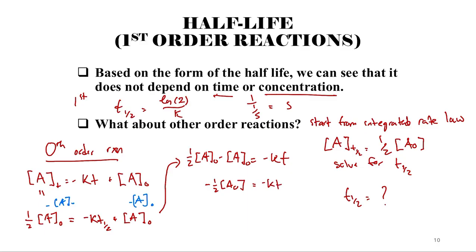That should signify, okay, this is starting to make sense because, right, time is only a positive quantity, so it should be positive, right? So that means that these negative signs will cancel out now, right? So that tells us, okay, that something's going right here. And then we can divide both sides by minus k. And so the negative signs cancel out. We can bring the 2 into the denominator as well, and we get A naught over 2k is equal to t 1/2.